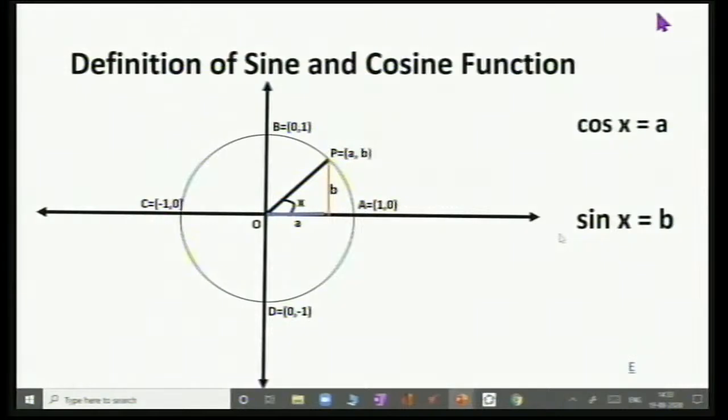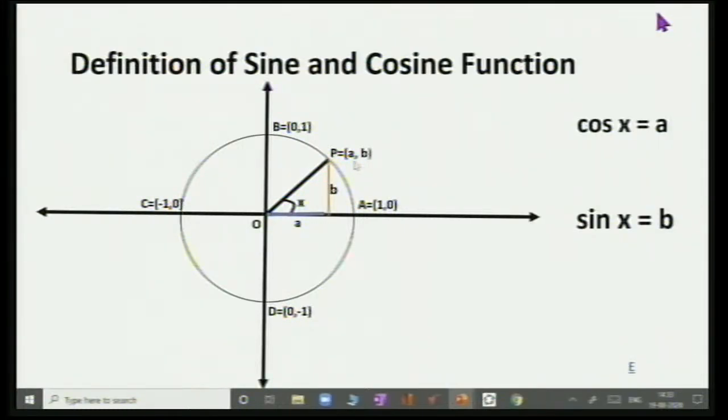So let us start with a very fast revision of what we have done. So this is how we define sine and cosine function. You can see that this is a unit circle. If I take any point on this unit circle, it will be represented as a comma b.